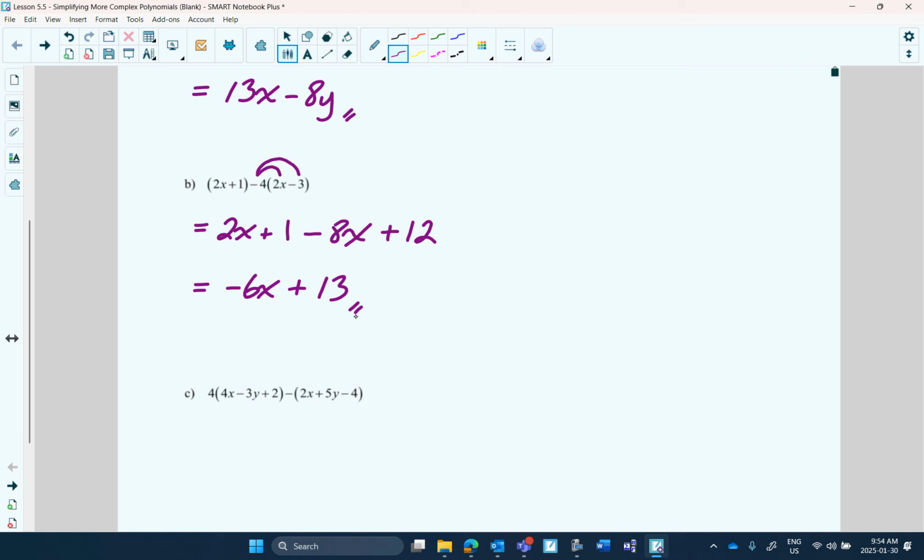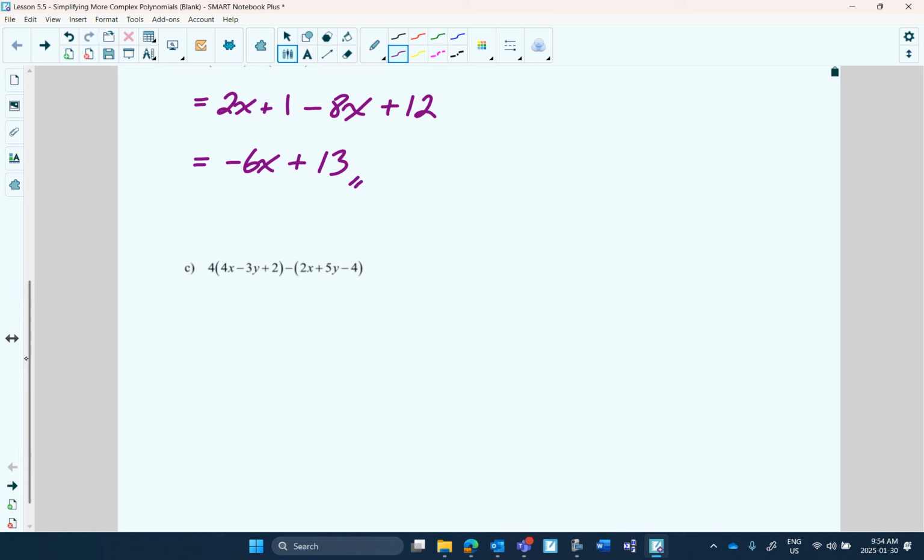See if you can do the next one. Now that you sort of have an idea of the steps, take out parentheses, collect like terms.